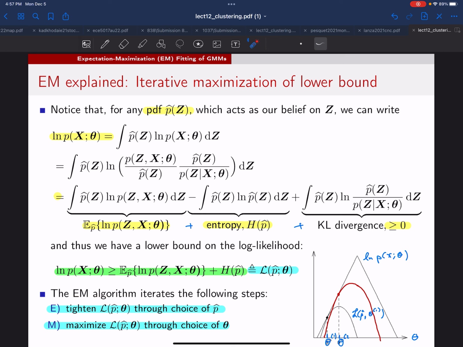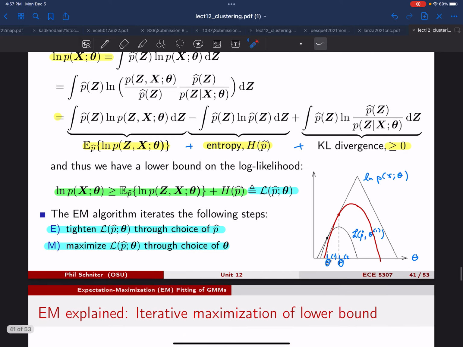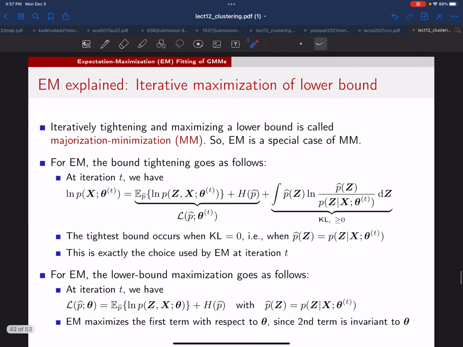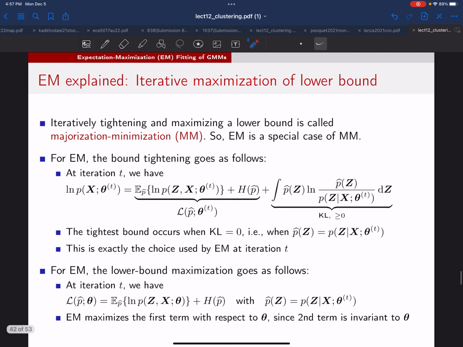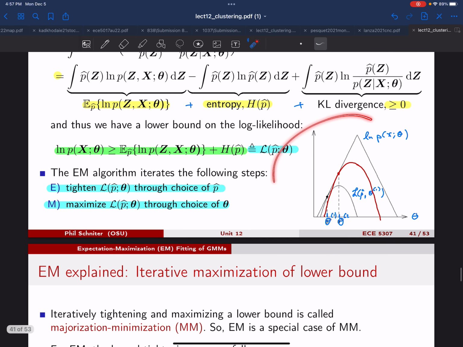Okay, so that hopefully gives you a little bit of a flavor of what's going on, we can fill in a few more details. So the first comment is that this procedure that we're using here, where you iterate tightening and maximizing the lower bound, is actually a more general procedure known as majorization minimization.